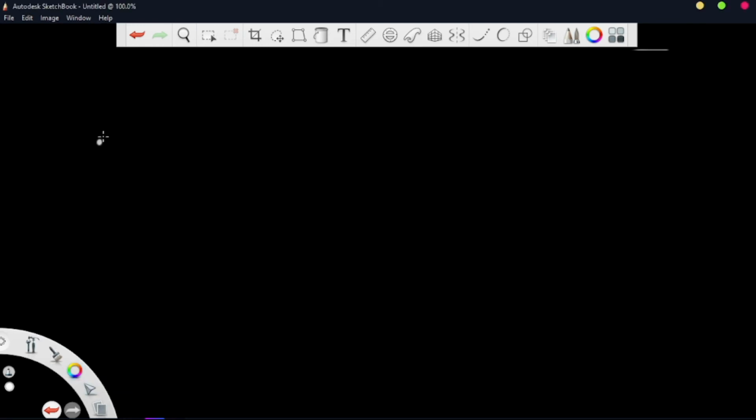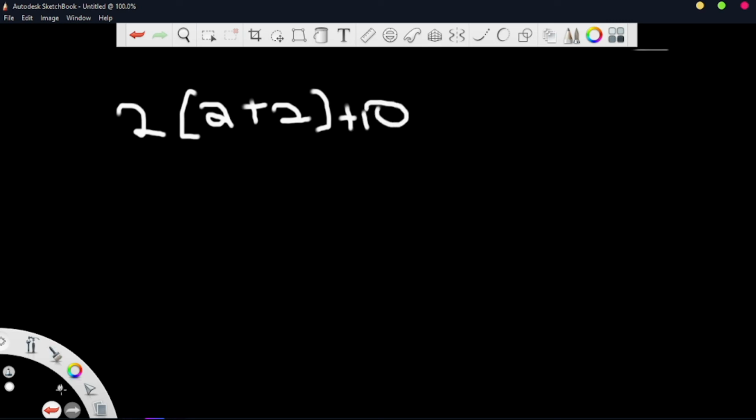Let's say we have been given 2 times the bracket a plus 2, plus 10 is equal to 12. Oh, sorry, my mouse appears.